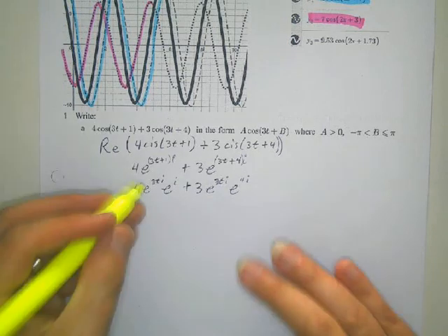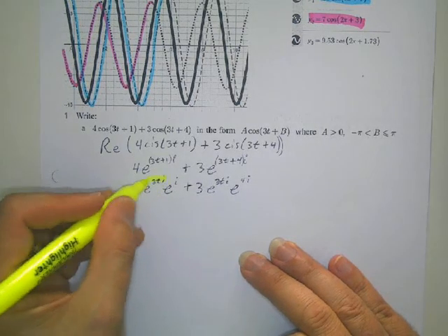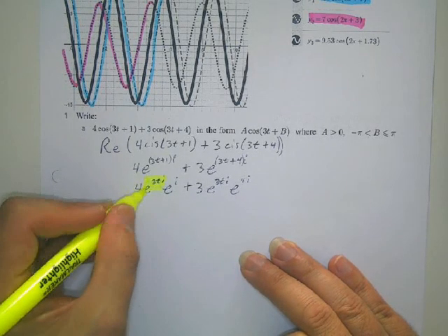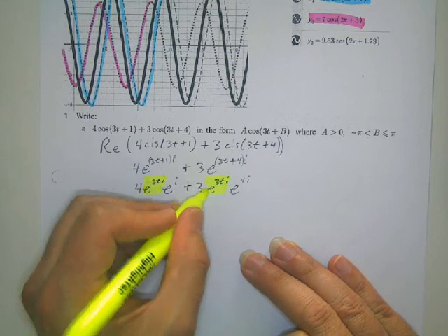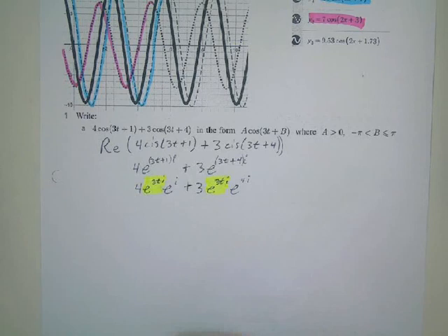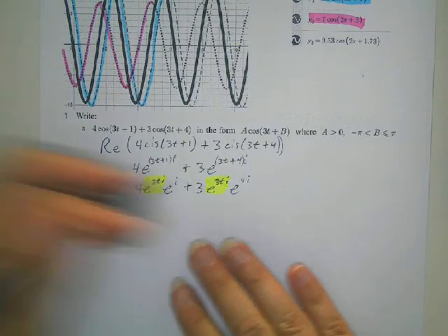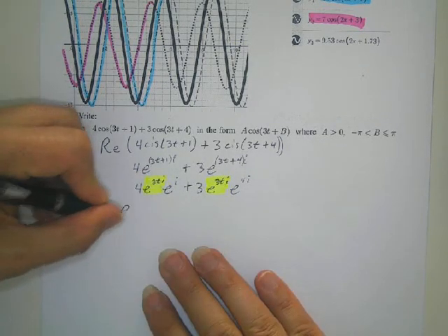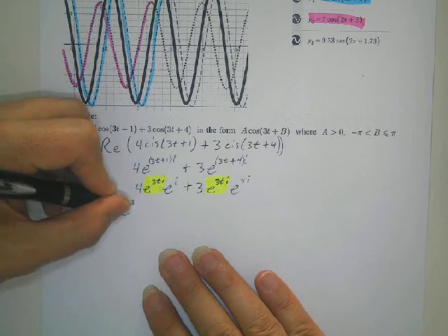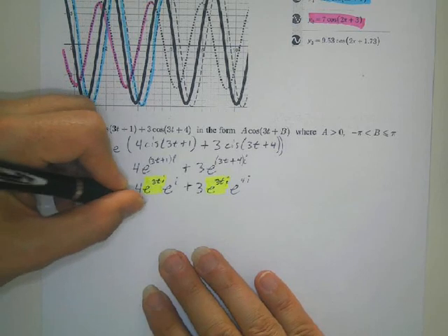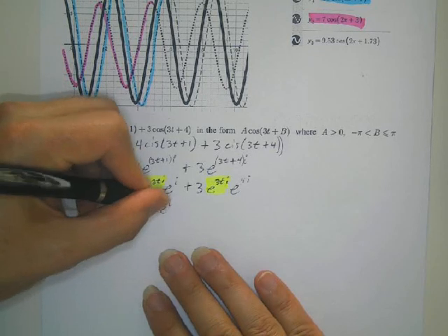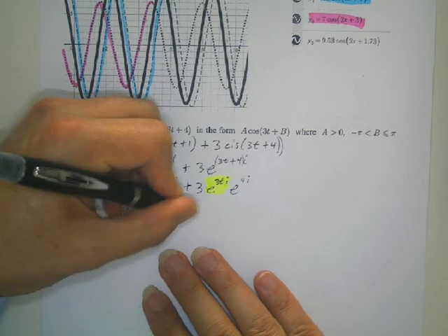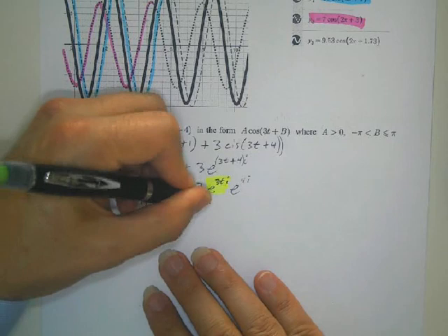Okay, and now I see the same factor e to the 3ti here and here. I'm going to factor that out because I'm trying to get a single variable t, and I'm going to get it all into one factor. And so I'm left with 4e to the i plus 3e to the 4i.